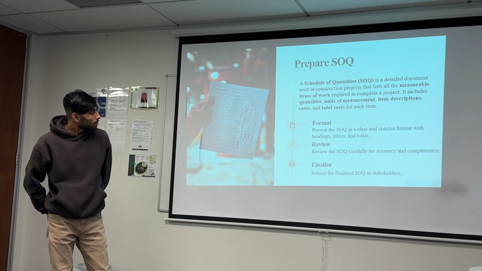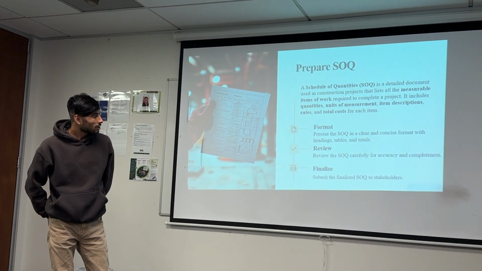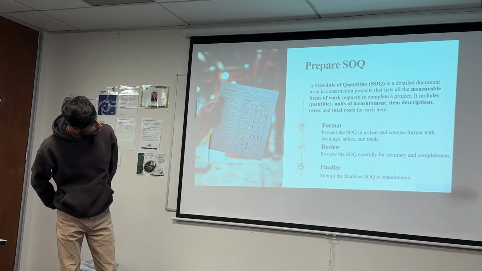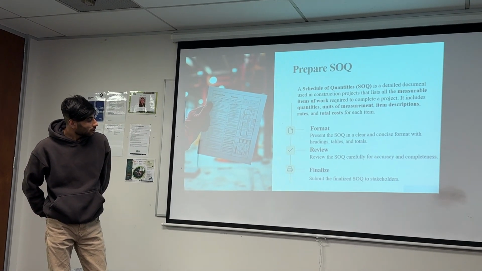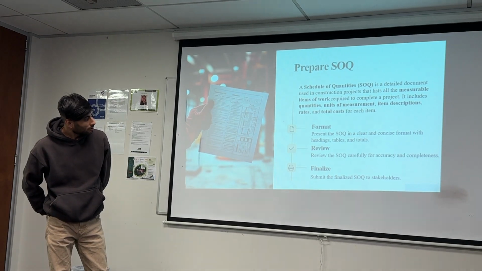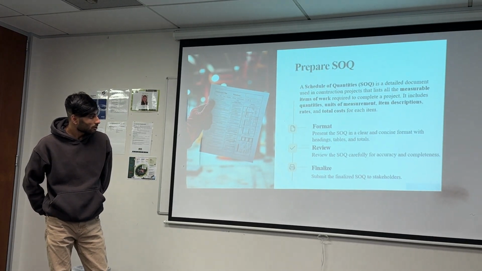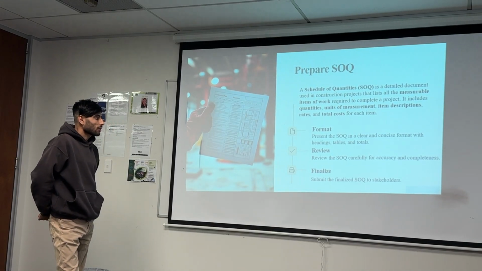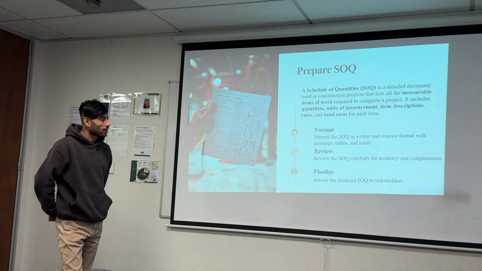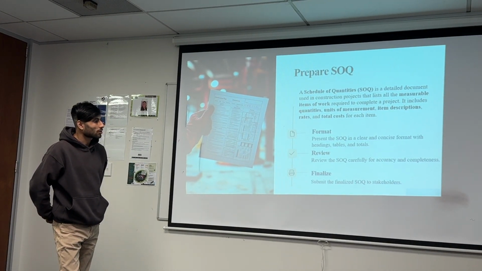Format: present the SOQ in a clear and concise format with headings, tables and totals. Review: when submitting, we need to review the SOQ carefully for accuracy and completeness. Final: we need to finalize the SOQ and submit it to the stakeholder or the contractor.